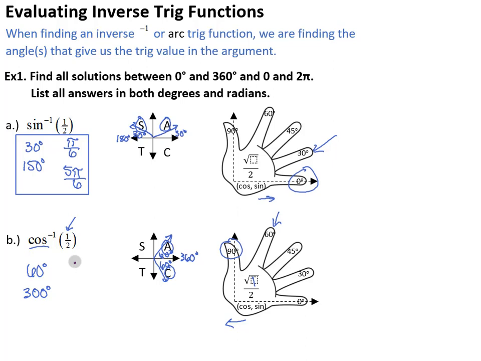So 60 is 180, or pi, divided by 3. And 300 is just a multiple of this. It's actually 60 times 5, so 5 pi thirds radians is the same as 300 degrees. So these are our two answers. There were two angles that gave us a cosine value of positive 1/2.